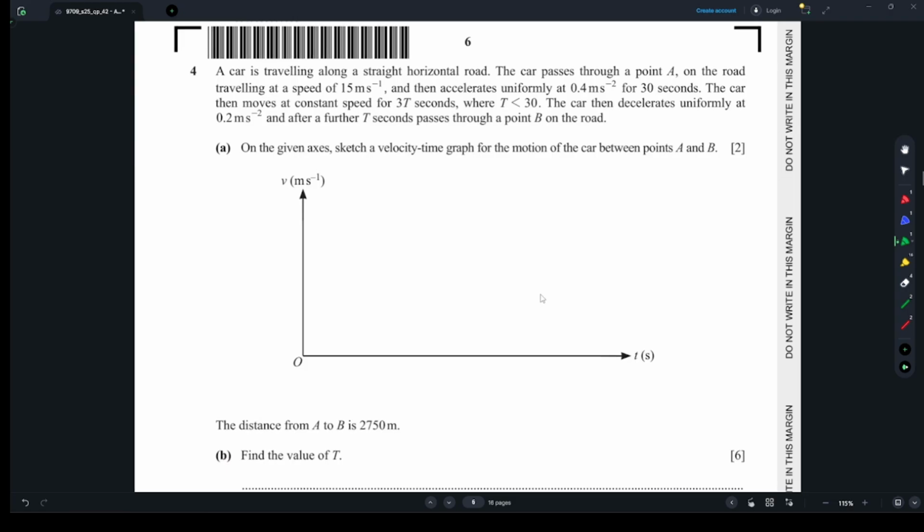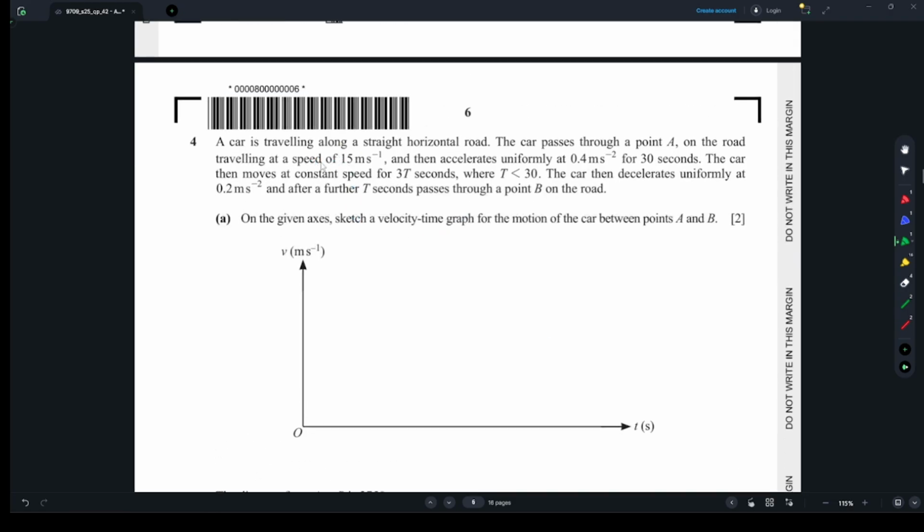If it is not clear, what you can do is make a sketch. Let's say this is the point A. As they are saying, when it is passing point A, the velocity is 15 meters per second. And then it moves with an acceleration of 0.4 for 30 seconds.